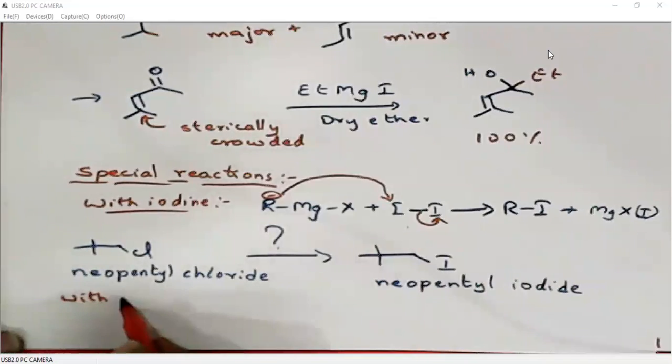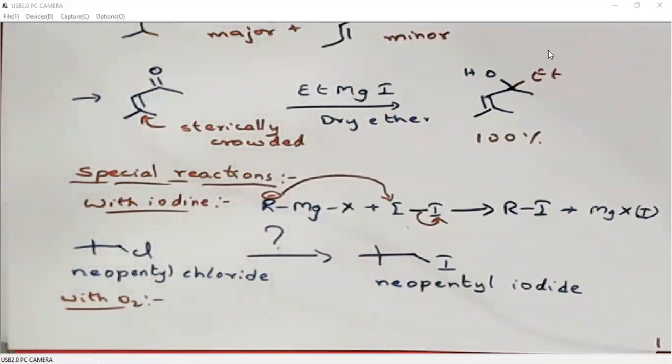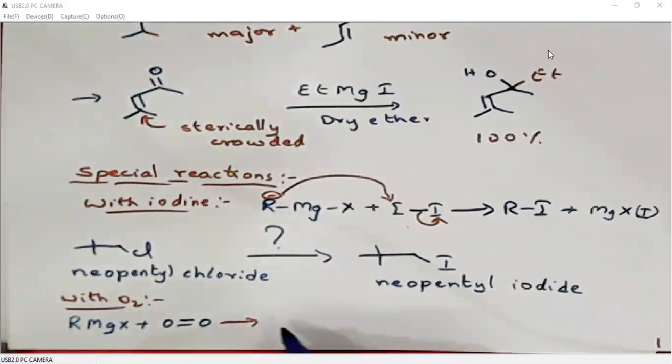Similarly, we will look at the reaction of Grignard reagents with oxygen. Grignard reagents will attack oxygen in a similar fashion. So they generate ROOMgX, a peroxide molecule.